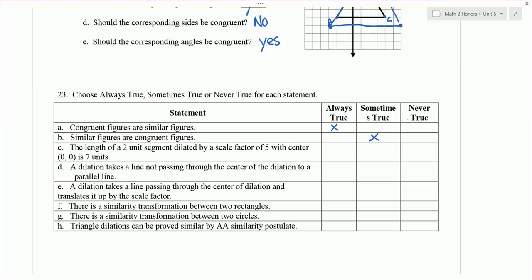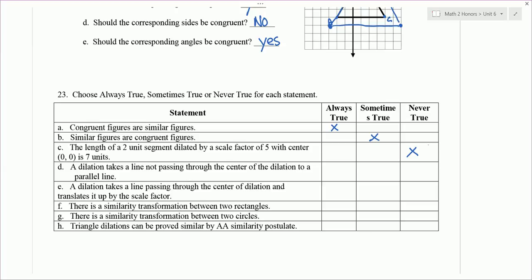The length of a 2-unit segment dilated by a scale factor of 5 with center 0, 0 is 7 units. That's false. They're adding here. If you have something that's 2 units long and you dilate it by a scale factor of 5, you're multiplying that length by 5, and so it should be 10. So never true. A dilation takes a line not passing through the center of the dilation to a parallel line. Let's read that again.